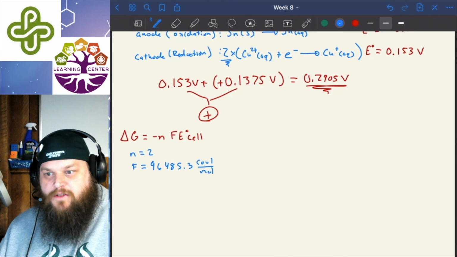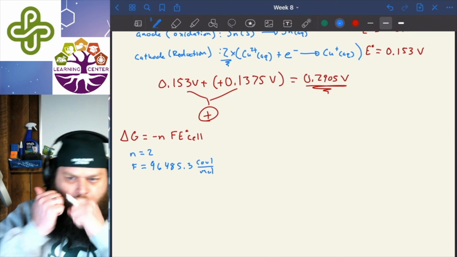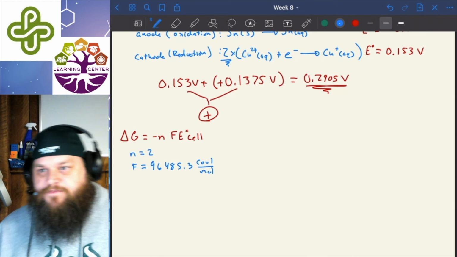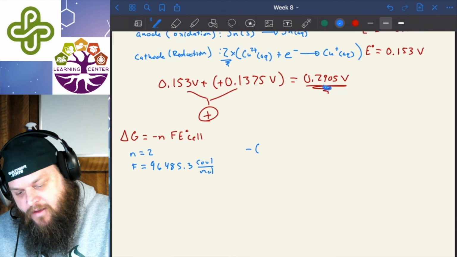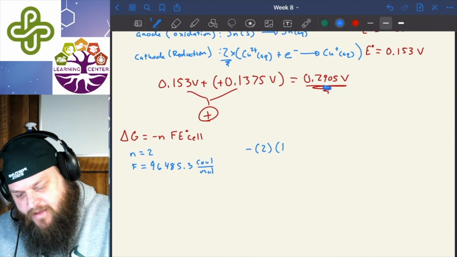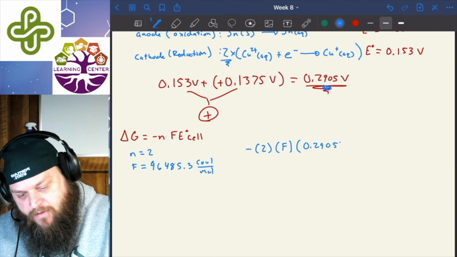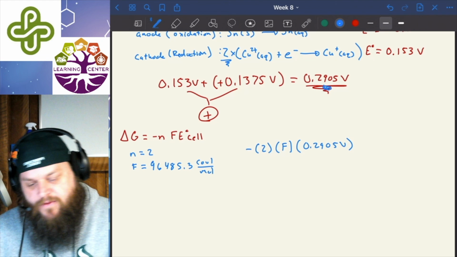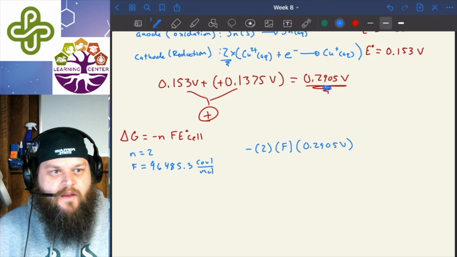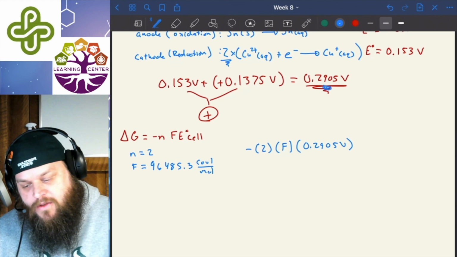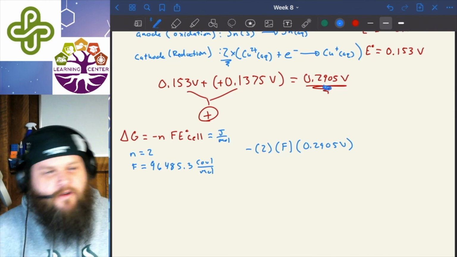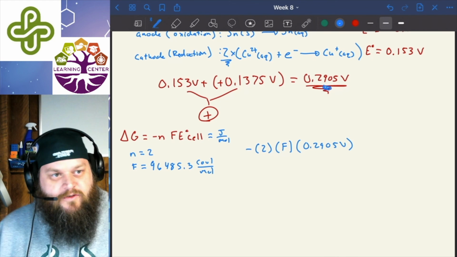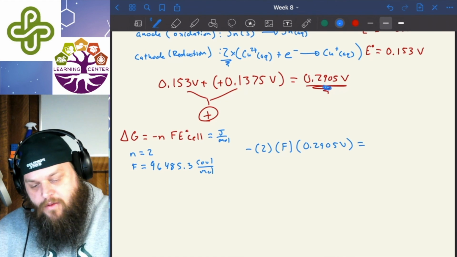And we have our voltage up on top here. So multiplying that out, negative 2 times F for now, times our 0.2905 volts. And coulombs times volts is going to give us joules. So we end up with joules per mole in there, which is the units for our change in Gibbs free energy. You can convert to kilojoules depending on the units that you end up with.